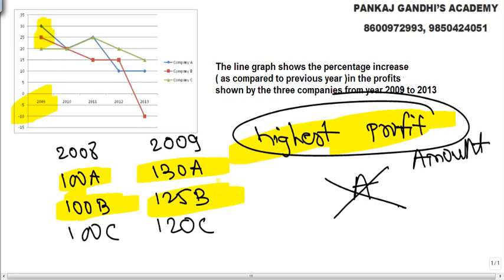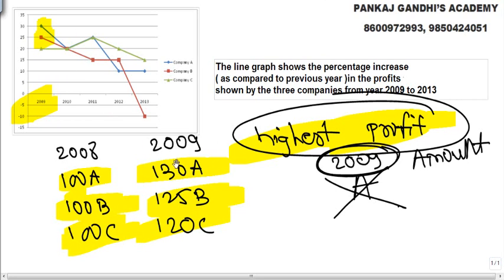B grew by 25%. Who had highest profit in 2009 अपन निकाल रहे हैं, and if C had 200C तो 2009. But please don't say A had highest. We cannot say, because it depends on who had what profit in 2008.